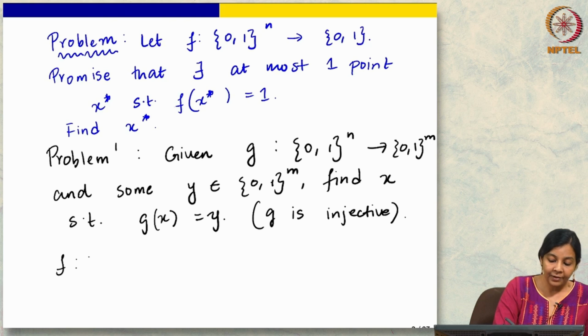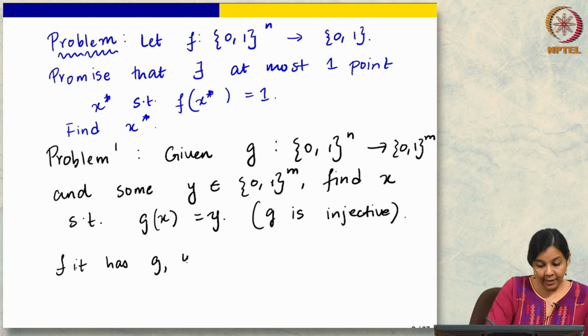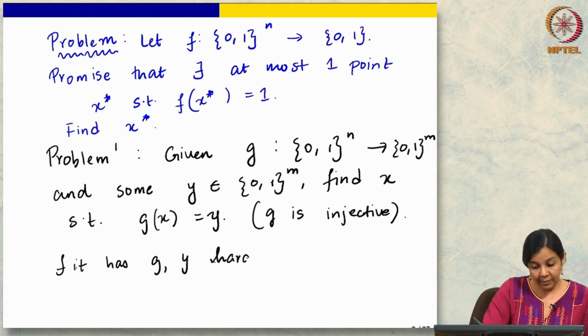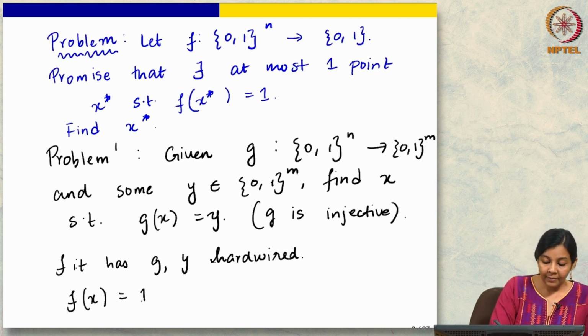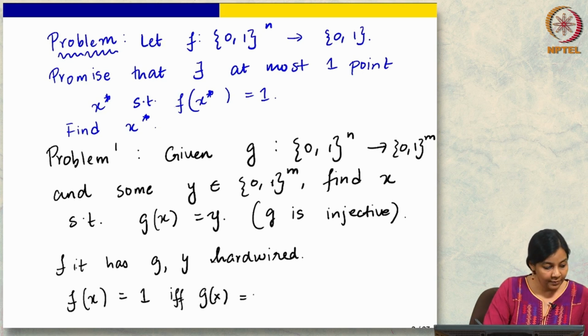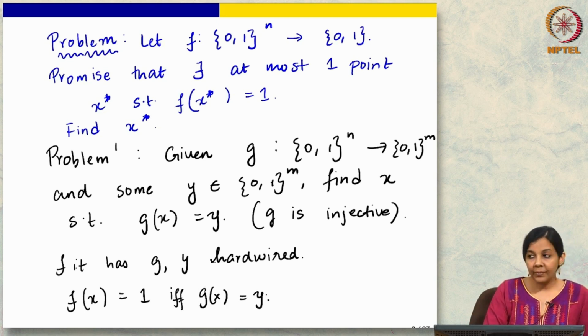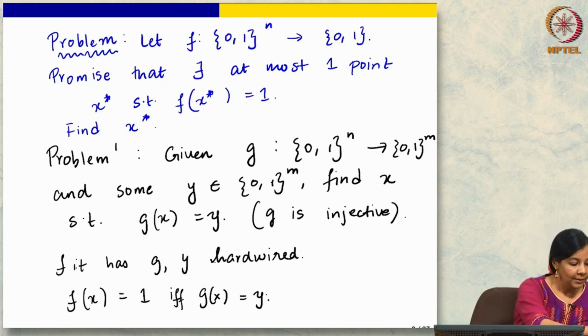I define f such that it has g and y hardwired, and I can say that f of x is equal to 1 if and only if g of x is equal to y. This way I can use a method for solving the problem to solve problem prime. So that's clear. Okay, good.